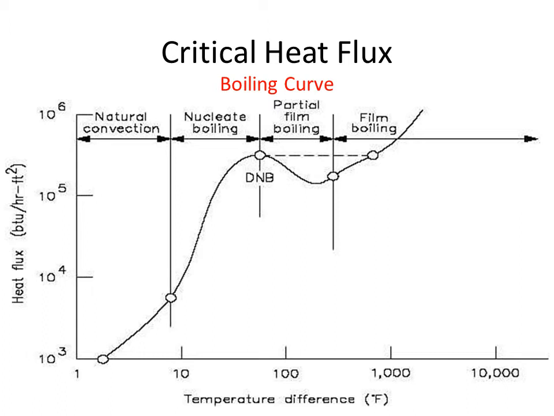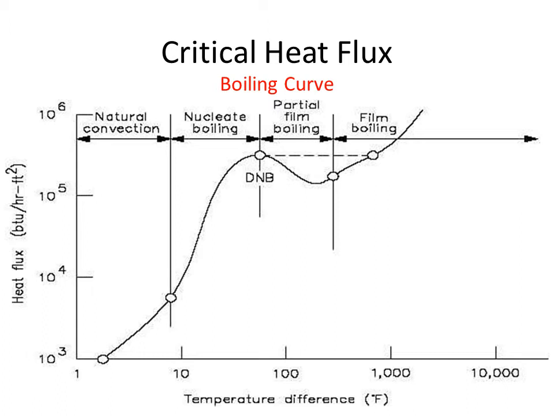As the heat flux increases, the bubbles become numerous enough that partial film boiling occurs. This region is characterized by an increase in temperature difference and a decrease in heat flux. The increase in temperature difference thus causes total film boiling, in which steam completely blankets the heat transfer surface.